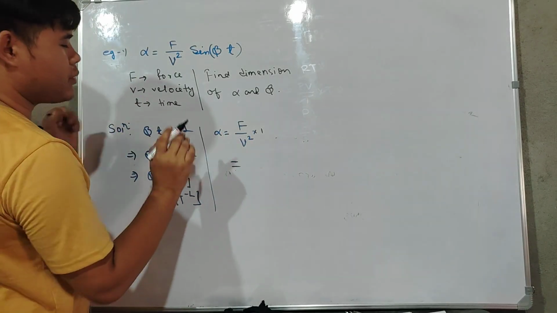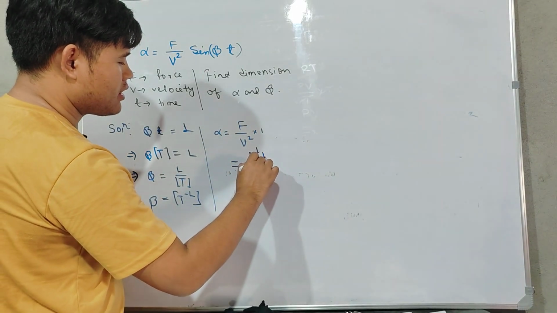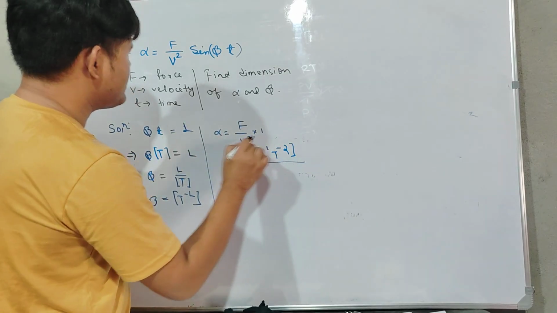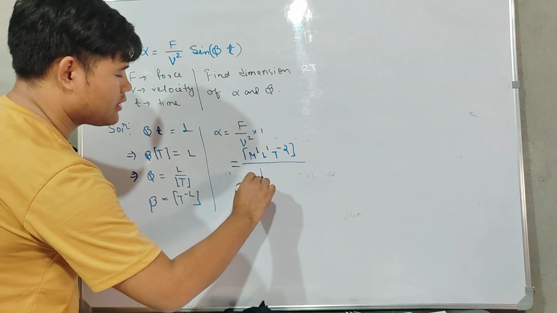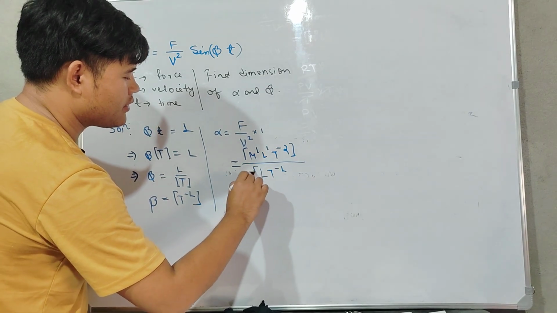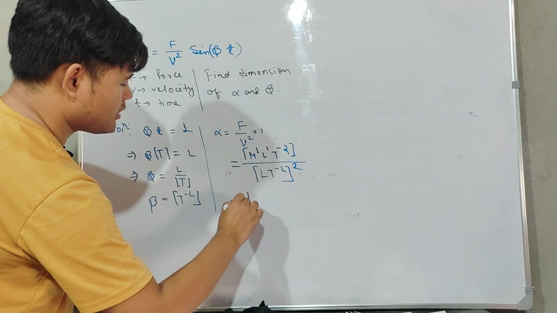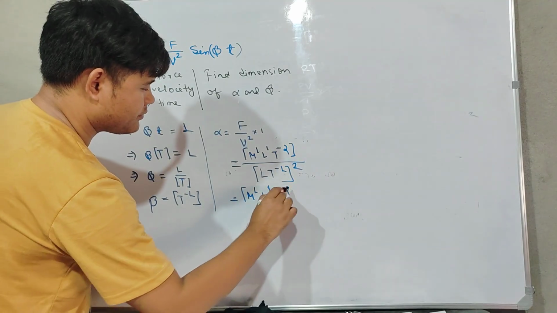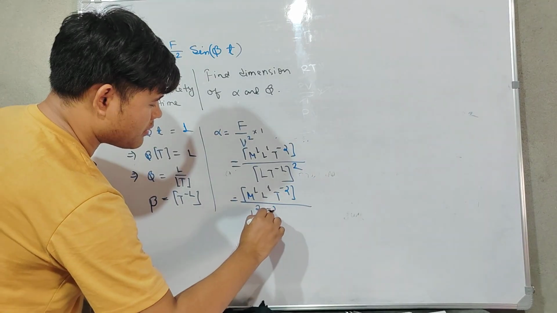So alpha is equal to F, which is M1 L1 T to the power minus 2. Now velocity V, which is L T to the power minus 1, but square is there, so it will be L2 and T to the power minus 2.